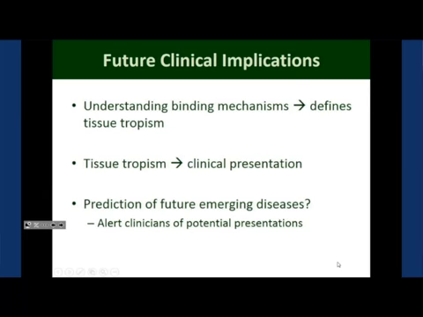And then finally, this also helps with prediction of future emerging diseases because it can help us alert clinicians to potential presentations. If we figure out a binding motif, I can put that in a database. Any new crazy virus that pops up that somebody sequences, what they are going to do is search that database for protein functional motifs.